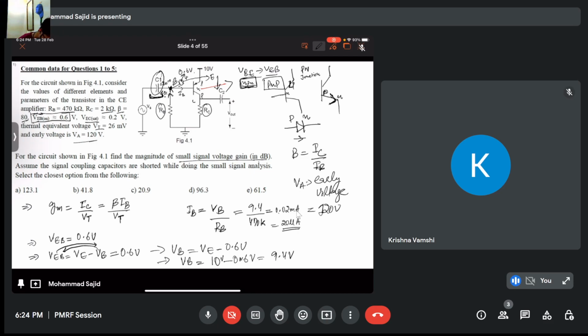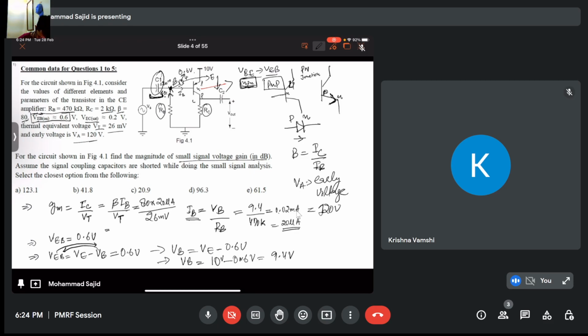So now we have IB in our hand. We can directly calculate GM, right? That will be 80 multiplied by this 20 microampere divided by VT. VT is given to us again as 26 millivolt. Now if we just calculate it, you will get GM of around 80 multiplied by 20 divided by 26.